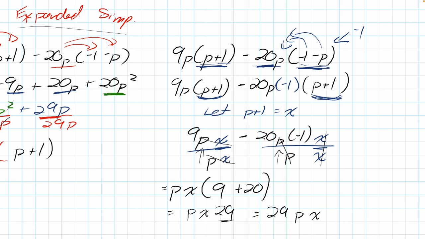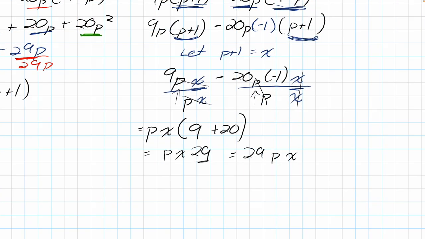Okay, that's done. The only thing is, was there an x in the original question? No, it's p plus 1. So let's substitute back in. We'll write that same let statement to let our reader know that I'm subbing back in p plus 1 is equal to x. So when we do that, we end up with 29p, and we substitute in for x our p plus 1, which is our factored form.